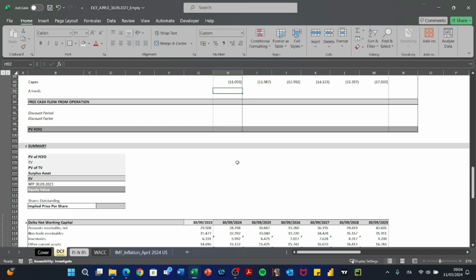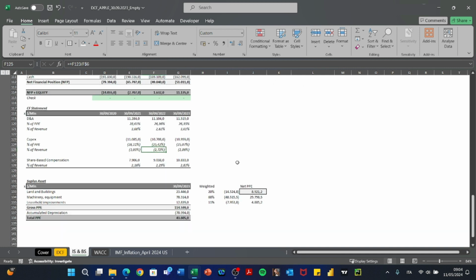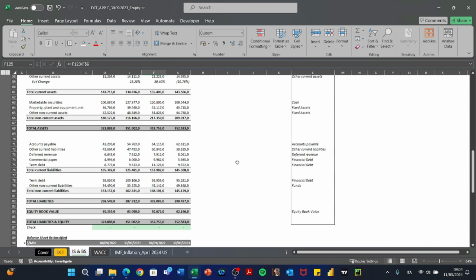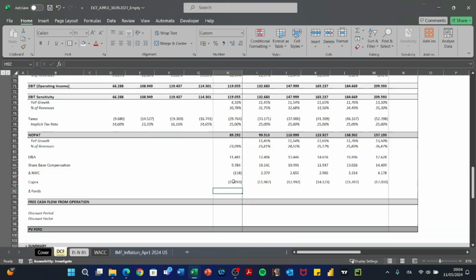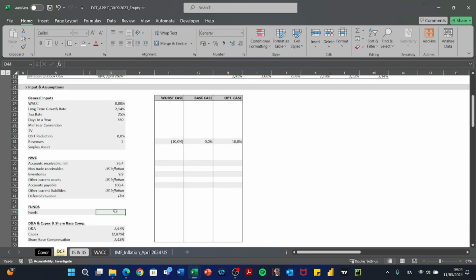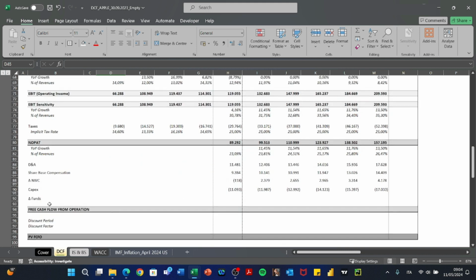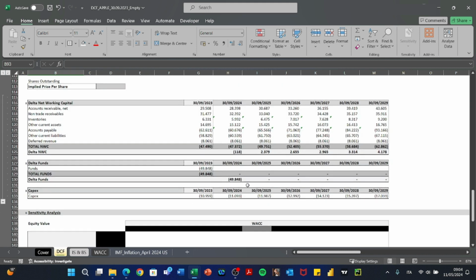For the funds, I think that my assumption was to increase them by inflation. Yes, it is quite reasonable. I'd say general business planning was inflation, which means that, okay, let me cancel this Excel pop-up.